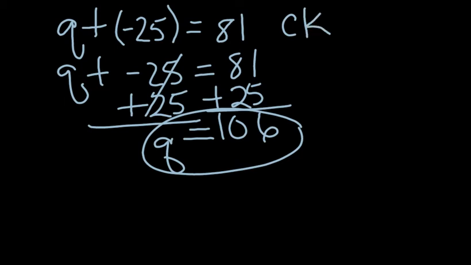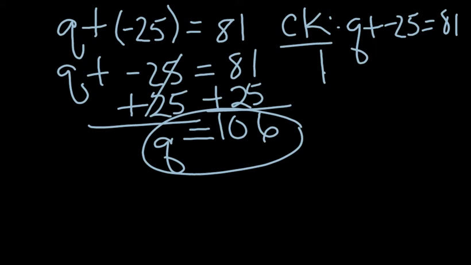That's right. Okay, when we check, what do we have to do? Write down the original problem. Q plus negative 25 equals 81. Now what? We have to put 106 in Q's spot. 106 plus negative 25 equals 81. Okay. We got 106 positives, we got 25 negatives.